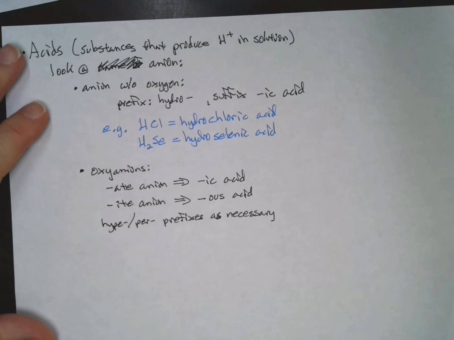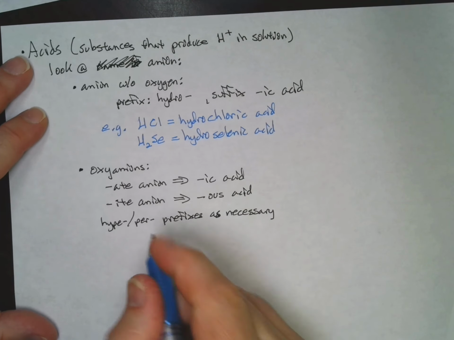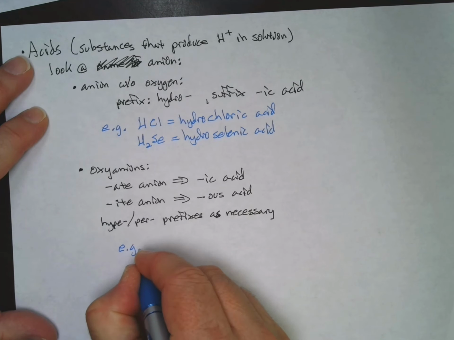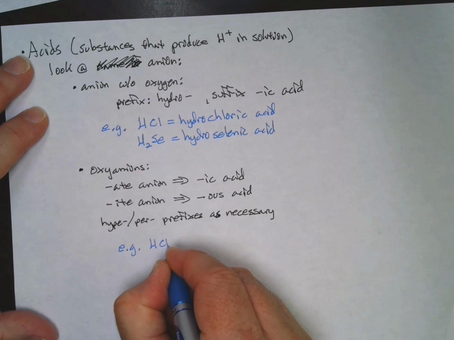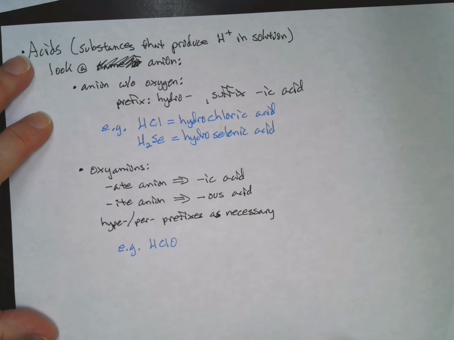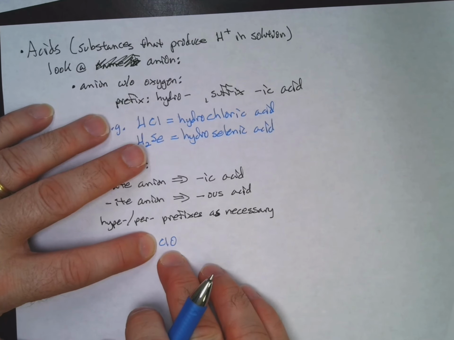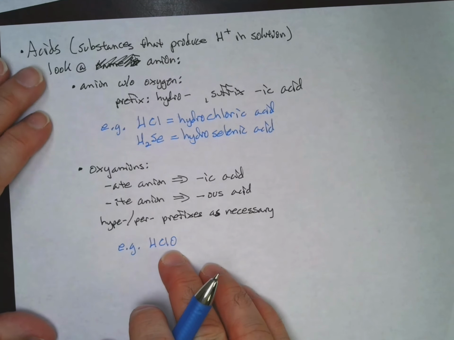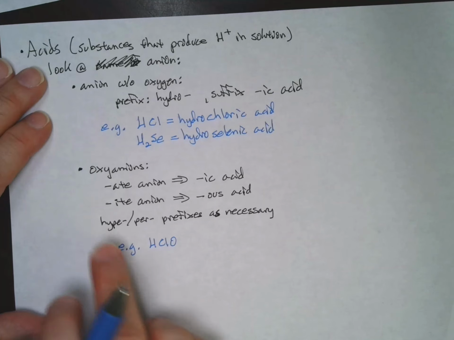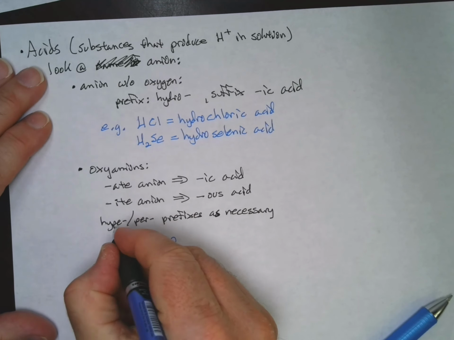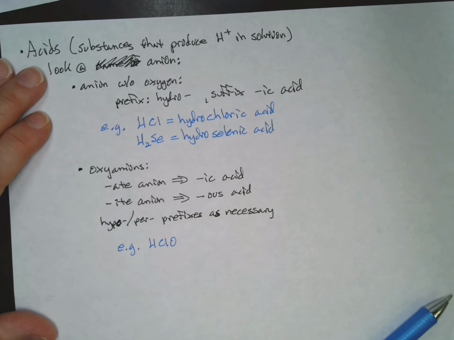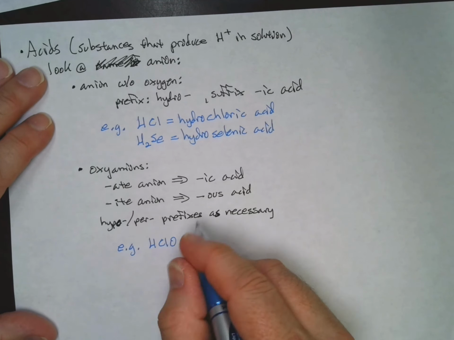And so examples here could be HClO. Now if I cover up my H plus there, that's ClO minus, that was hypochlorite. So that becomes hypochlorous acid.